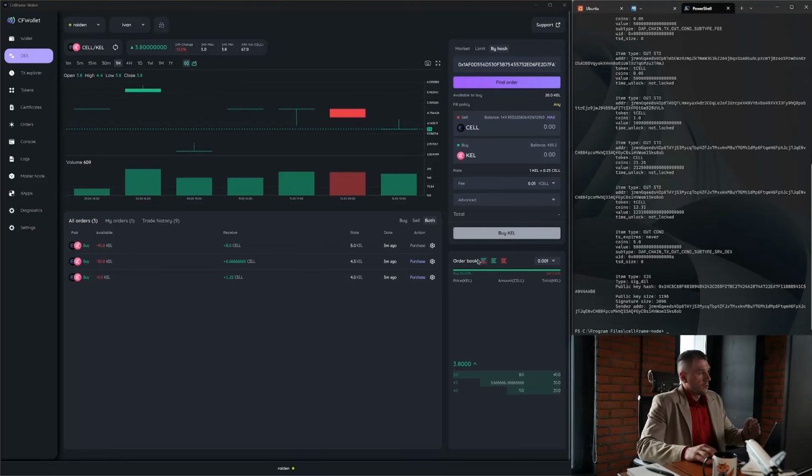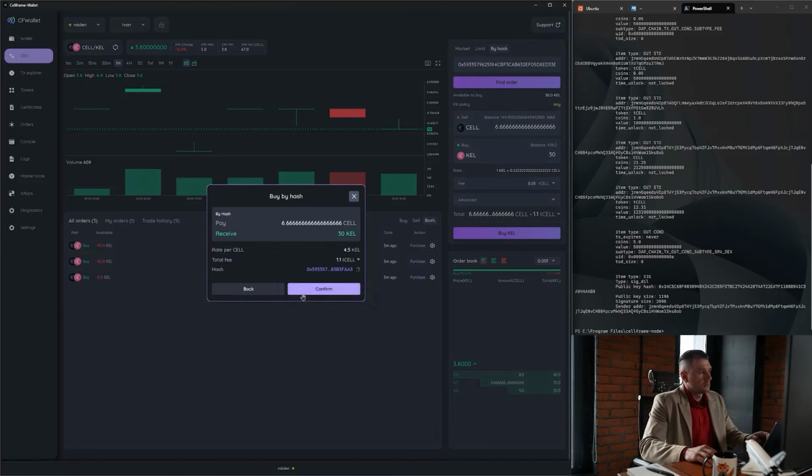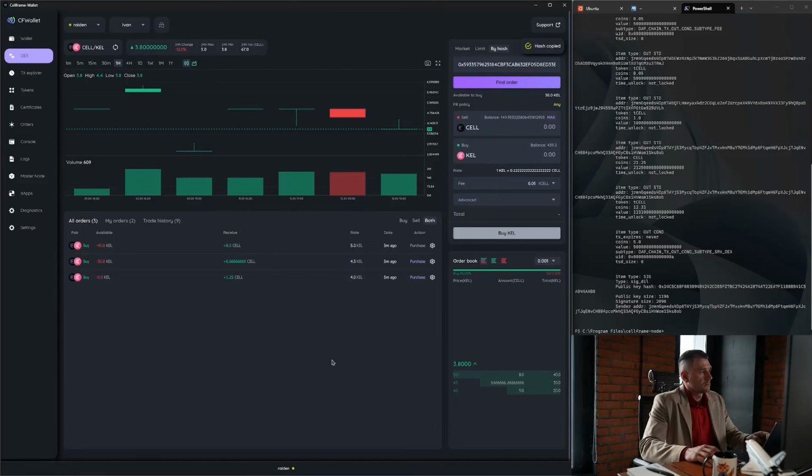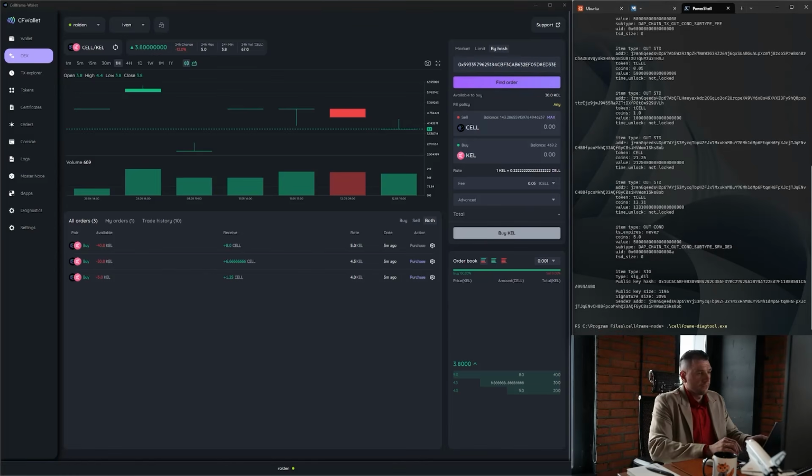So now let's try a full purchase, this one, and we buy the whole amount of 30.0 Kel. Ivan buys from Alice. Yes, it's already passed.